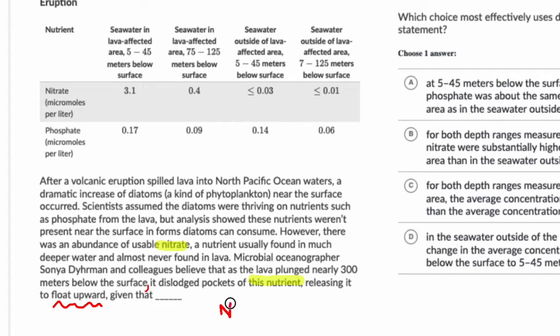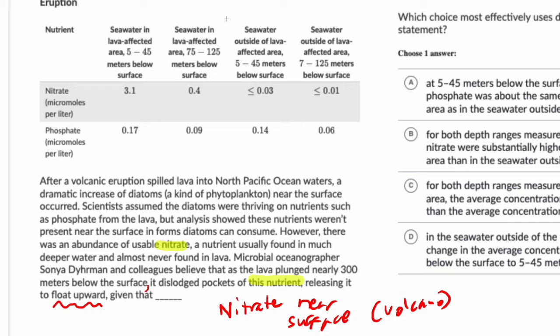That means there should be some evidence of nitrate near the surface in the area near the volcanic eruption. Seawater in lava affected area, seawater outside of lava affected area.